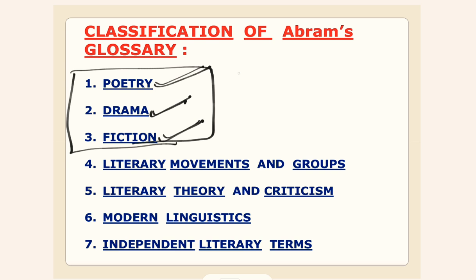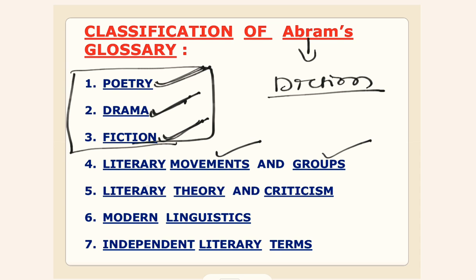Moreover, Abrams' book is given in dictionary, alphabetical manner. But in this video, I have tried to collect and classify all those terms accordingly: poetry, drama, fiction, literary movements and groups, literary theory, criticism, modern linguistics, and some independent literary terms.